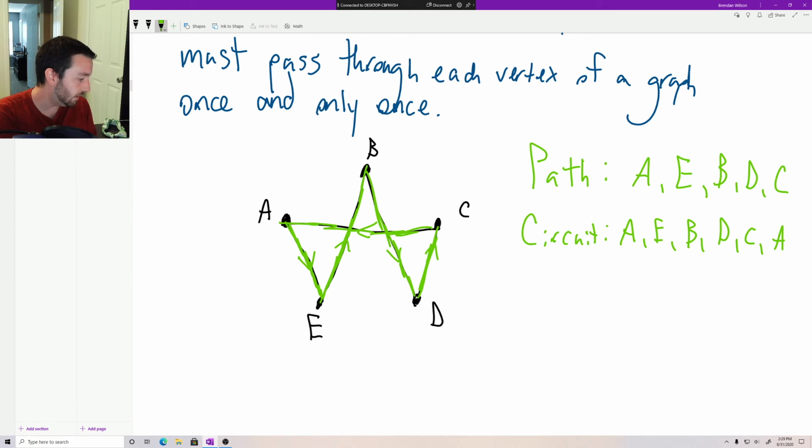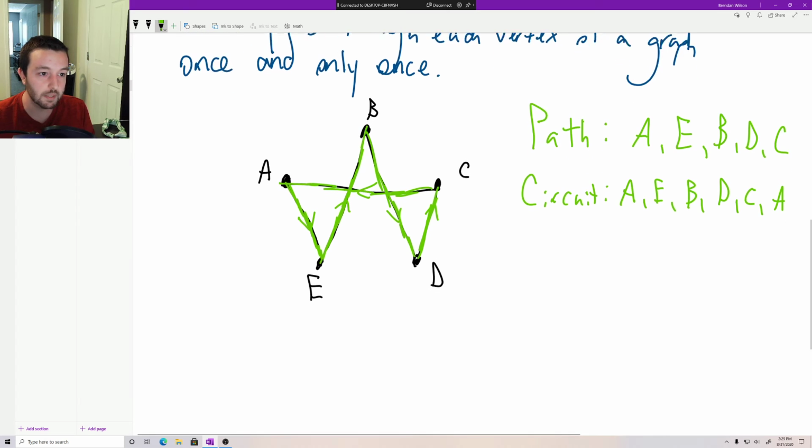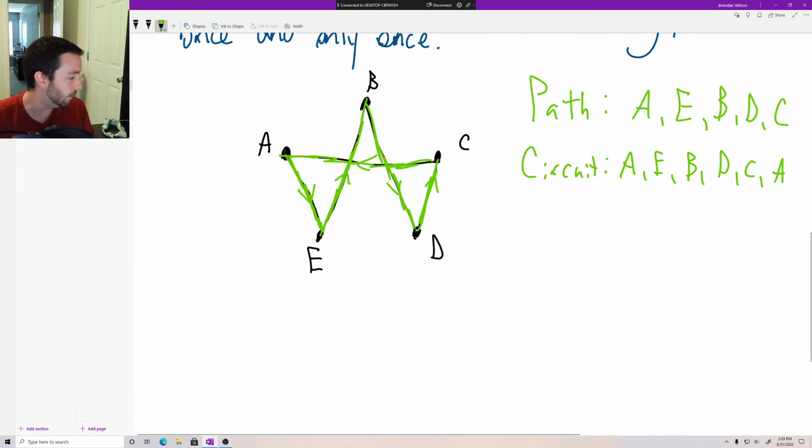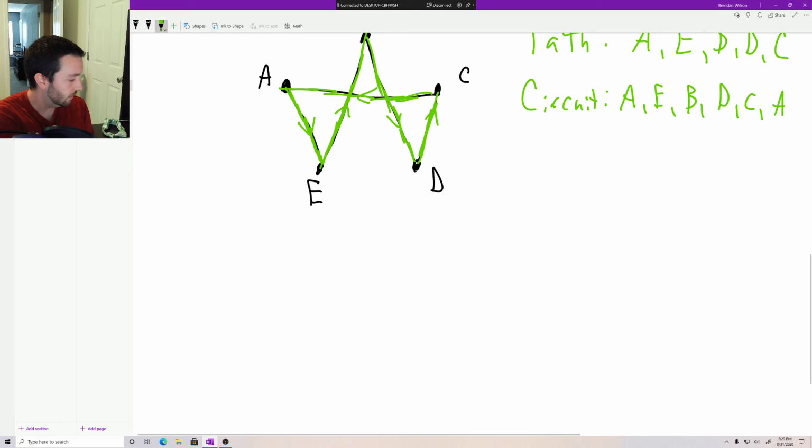But some of them are a little bit more difficult. Like if you look at that same figure, part B and part C are both more difficult. B doesn't actually have any circuits. They're pretty big though. I won't write those down. We'll have plenty of examples throughout this lecture.